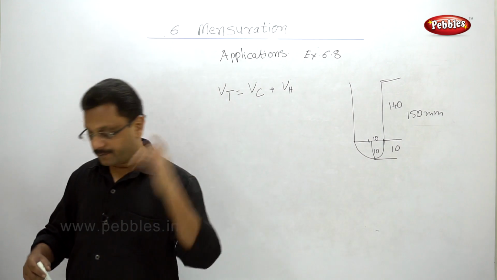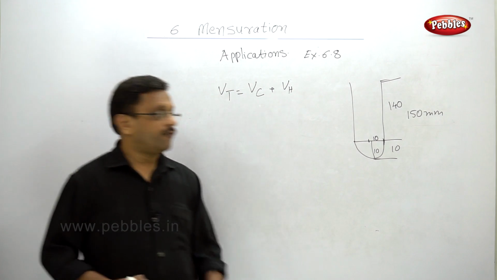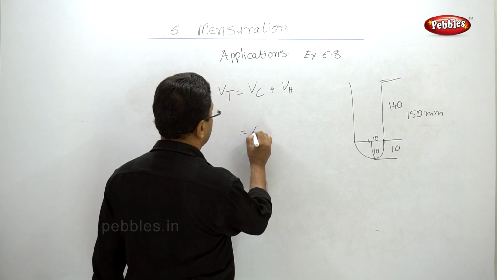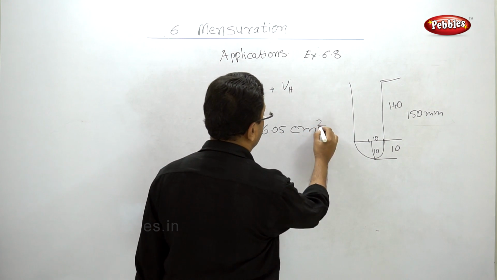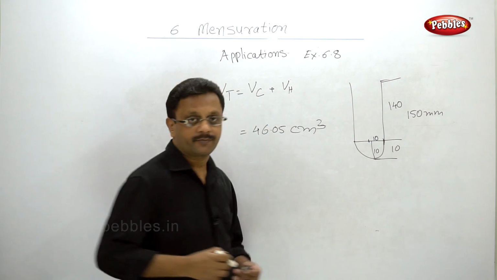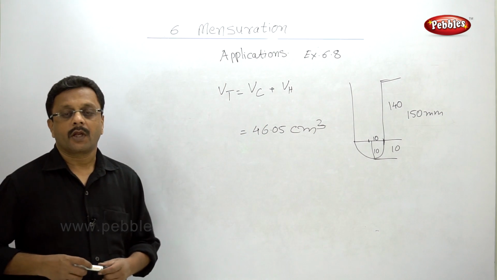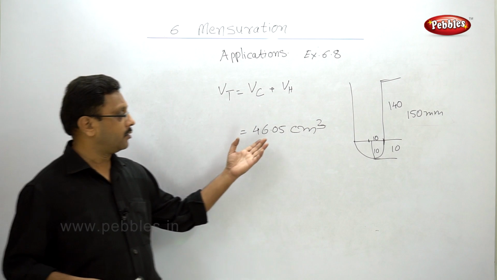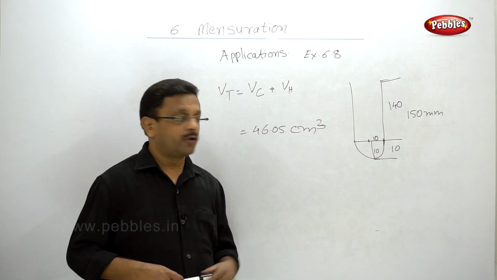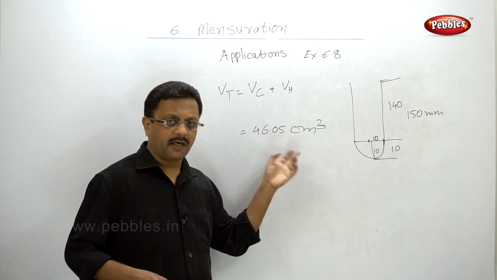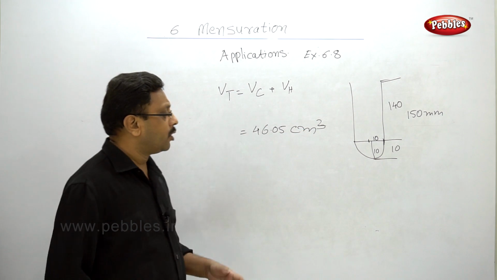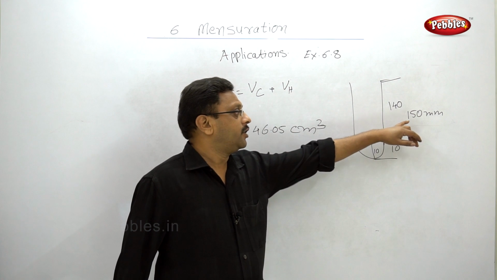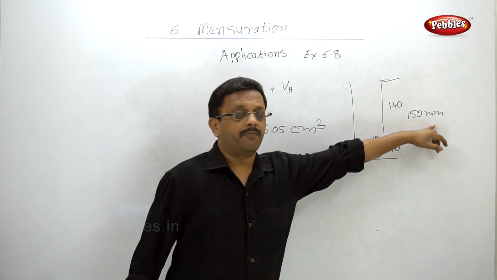Please pause your video. The answer is 46.05 centimeter cube. In your case the answer may be in mm cube. Some figures are same, the decimal point is at a different place, because I converted this 15 centimeter into mm.